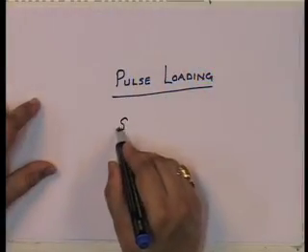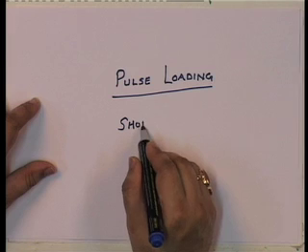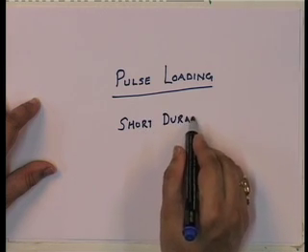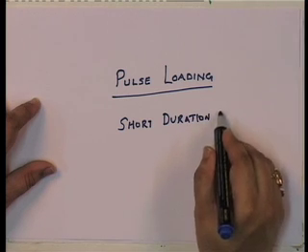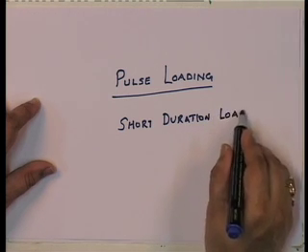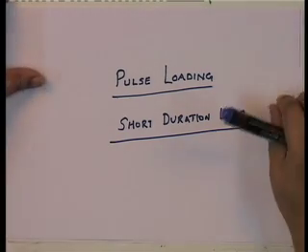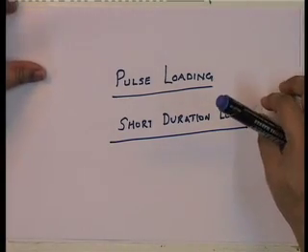Today, we are going to start looking at something known as pulse loading. Pulse loading is essentially a short duration load. In other words, the loading starts at a specific time and ends at a specific time.